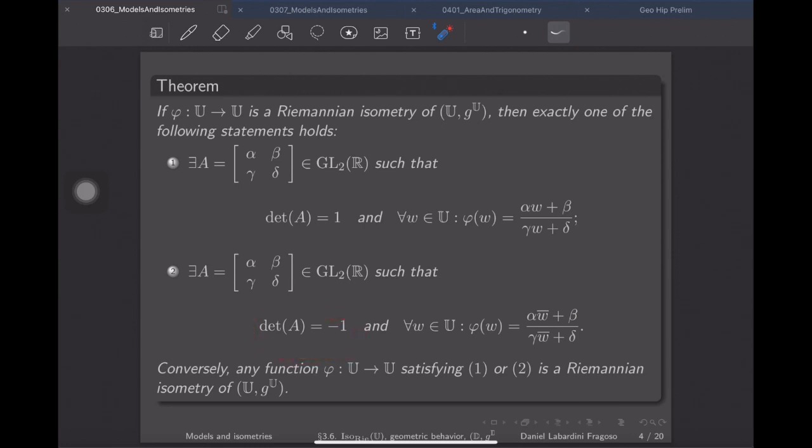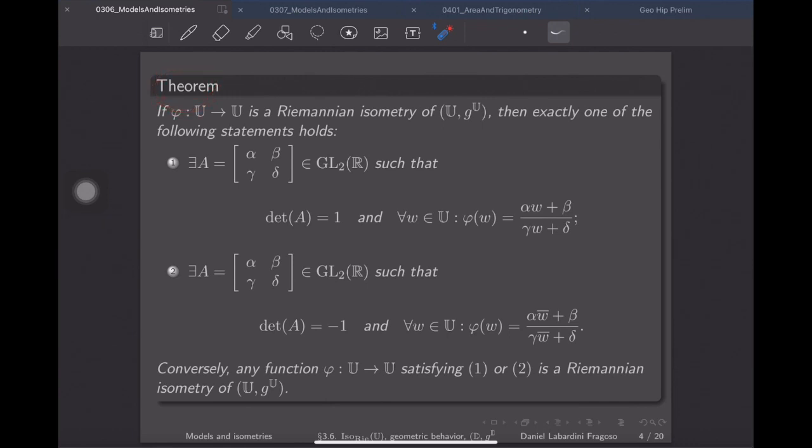So in either case, an arbitrary Riemannian isometry is given either by a matrix of determinant 1 and then taking a Mobius formula, or by a matrix of determinant -1 and then taking a modified Mobius formula. And the point is that we proved this theorem.